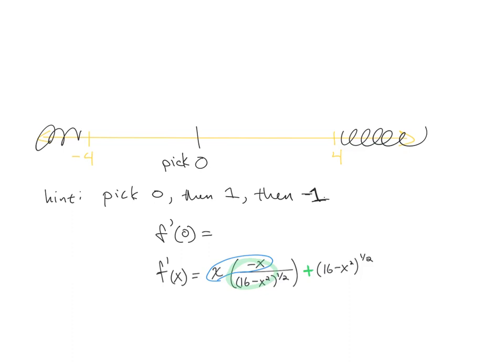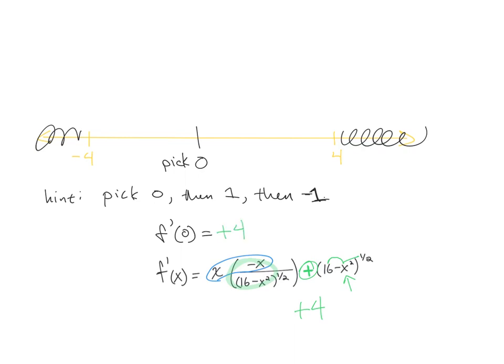The denominator is not 0, so we're good to go there. But when you substitute 0 into this x, you'll get 16 minus 0 is 16. The square root of 16 is 4, and it'll be a +4. So the derivative f prime of 0 is +4.